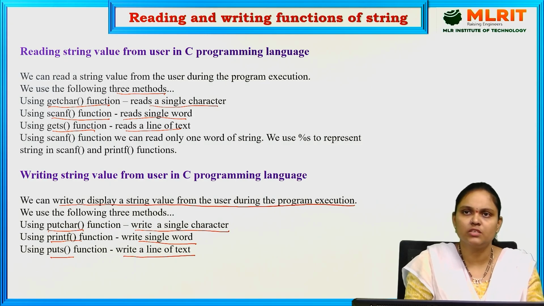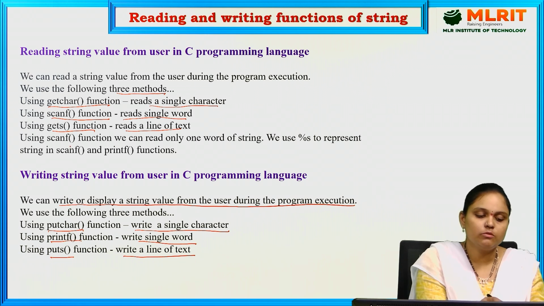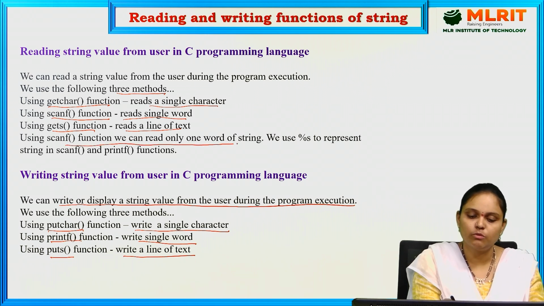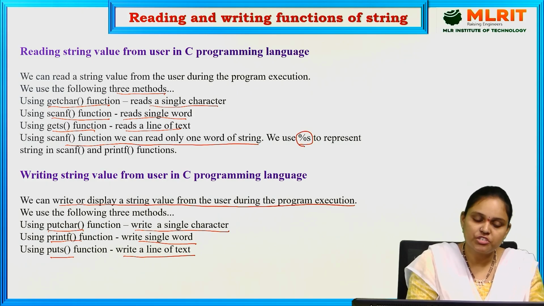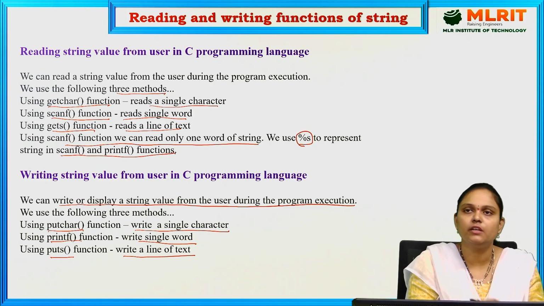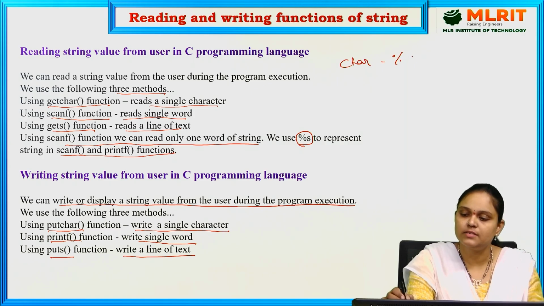One important point to be noted is that by using the scanf function we can read only one string, and we use %s to represent that string in scanf and also in printf functions. So the format specifier that we use for string is %s. For character we use %c, and for string we use %s.